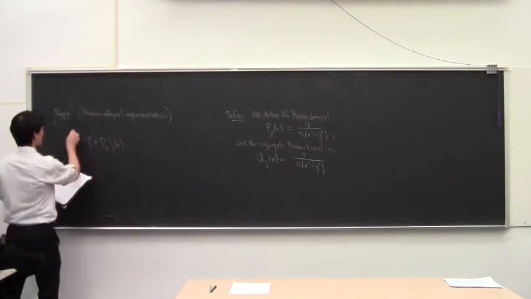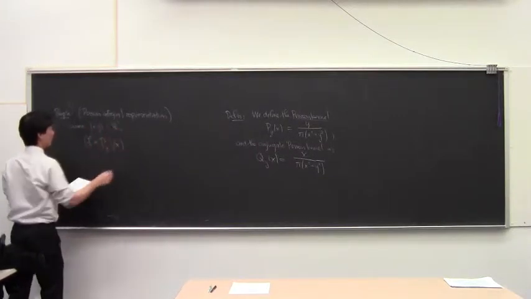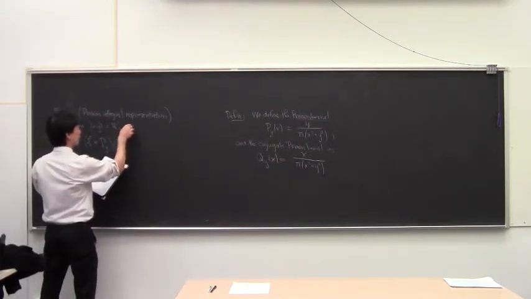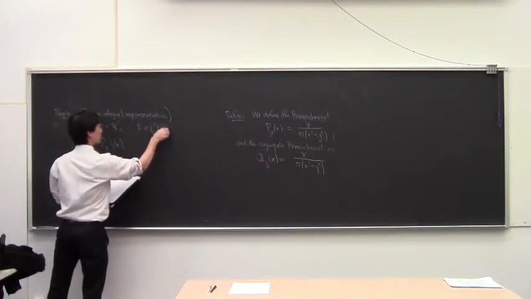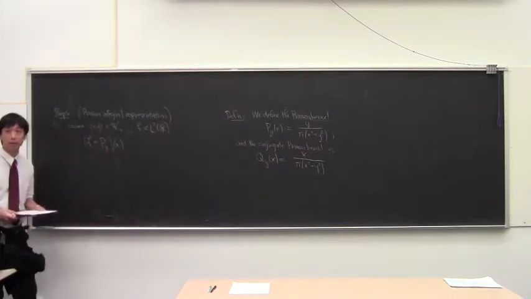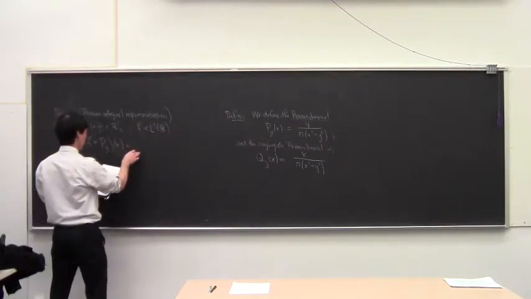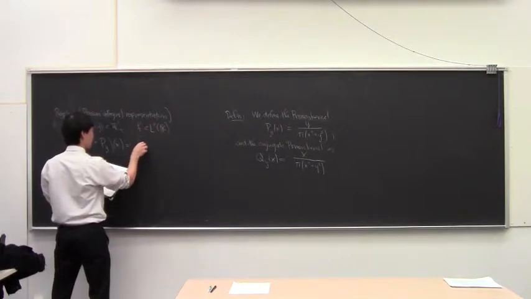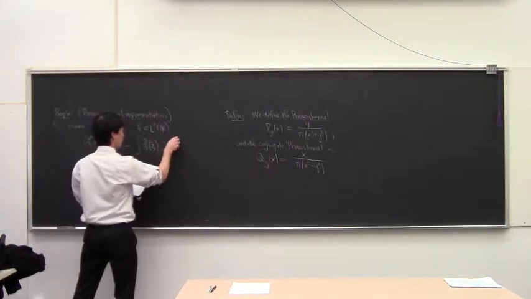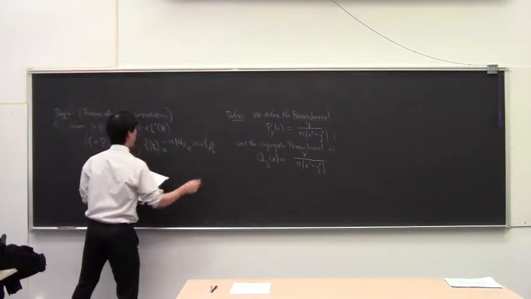So given x, y in the upper half plane, okay, so y is greater than 0, and f an L2 function. We're going to say something about the convolution of f against this kernel. And it turns out that in the L2 sense, this equals this integral.